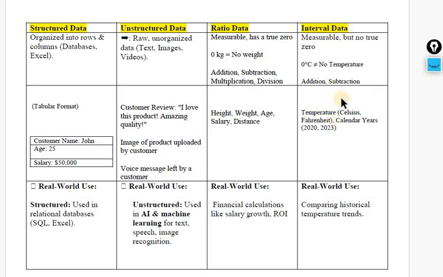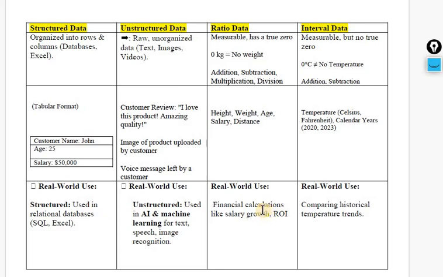So to see the real-world use: SQL and Excel are structured data, and unstructured data is mainly used in AI and machine learning for text, speech, and image recognition. Ratio data is used for salary growth and financial calculations.